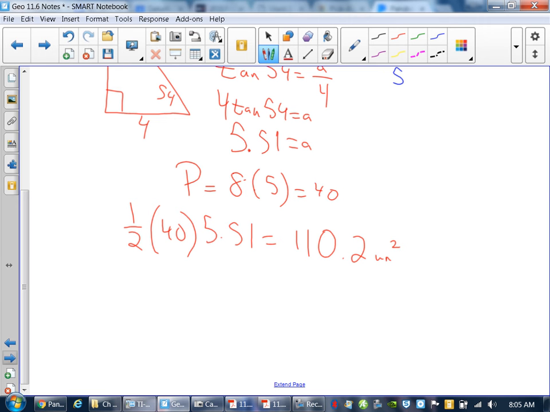Okay. Now, another thing that you could have done is we could have actually put this all together as 1/2 times 8 times 5 times 4 tangent of 54, and I wrote that all out because that would be the technical answer without using a calculator. See what I'm saying?